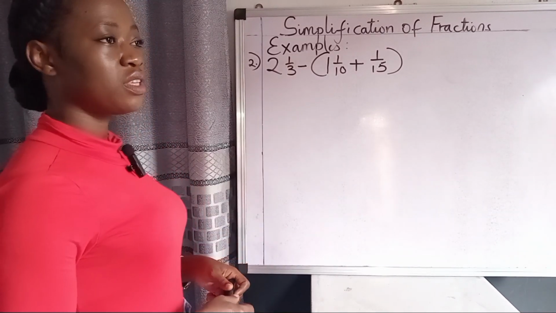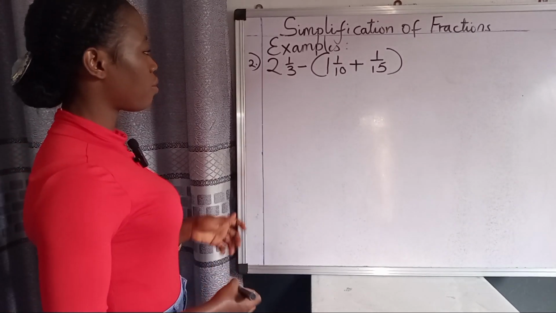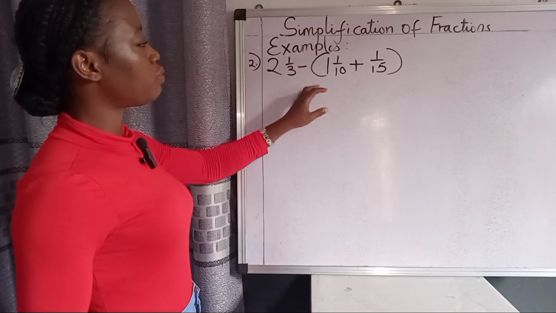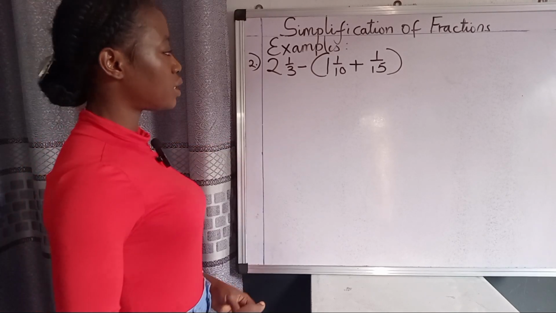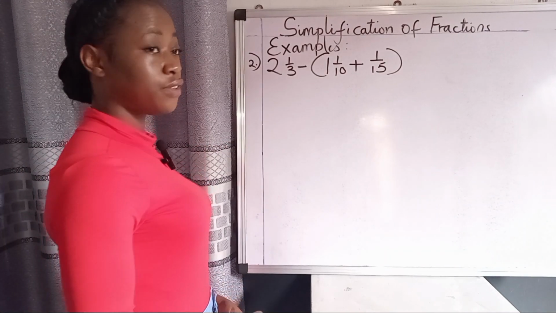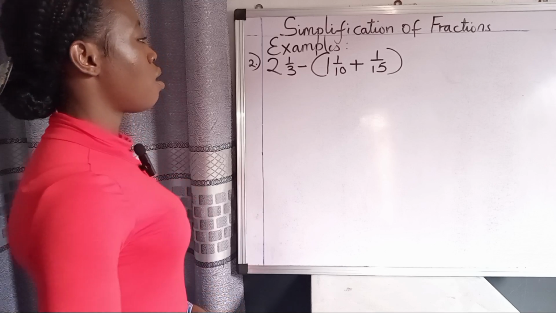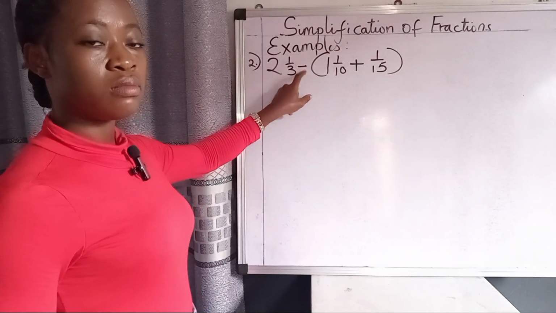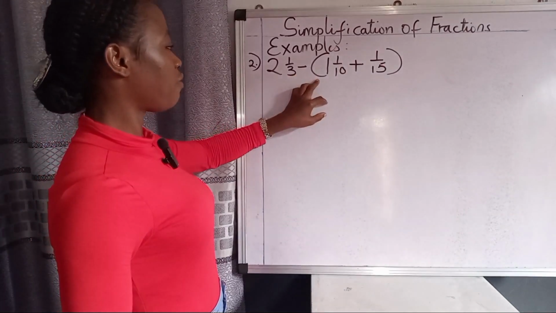Okay guys, we have another example on the board. We have 2 whole number 1 over 3 minus open brackets 1 whole number 1 over 10 plus 1 over 15 close bracket. Looking at this, the signs we have are subtraction and brackets.